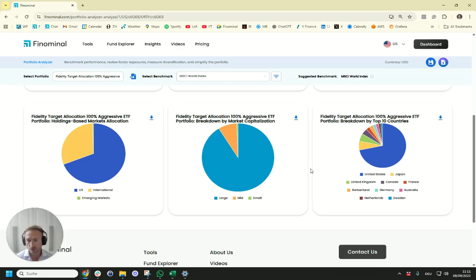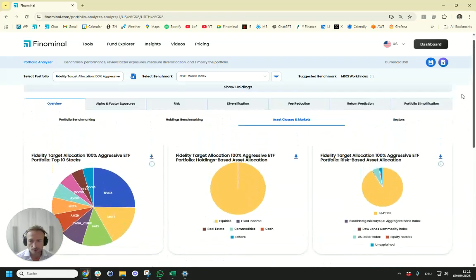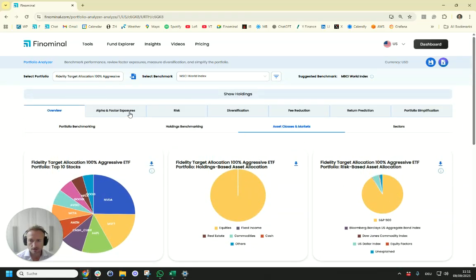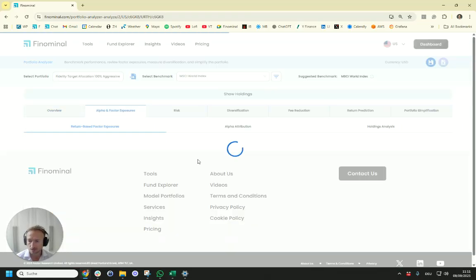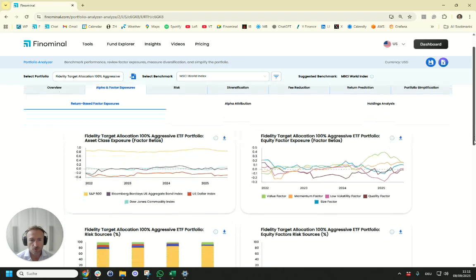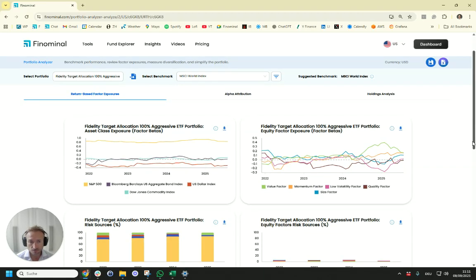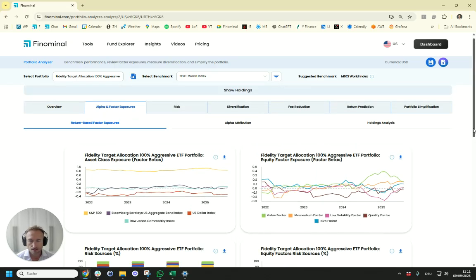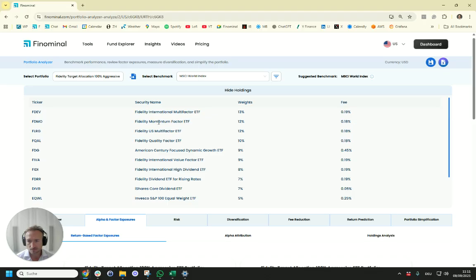We can also look at a factor exposure analysis, in the sense of, is there any consistent exposure to factors like value, momentum? Now, given that this portfolio has a variety of multi-factor ETFs, and here we've got value, dividend, but we also, I think, have a growth fund in here.